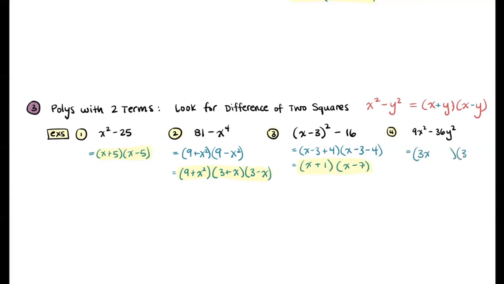So that'll be the first in the first part of our parentheses here. And then 36y squared, that is actually (6y) squared, right? So we'll have 6y, 6y, one is plus, and one is minus. So there we go.